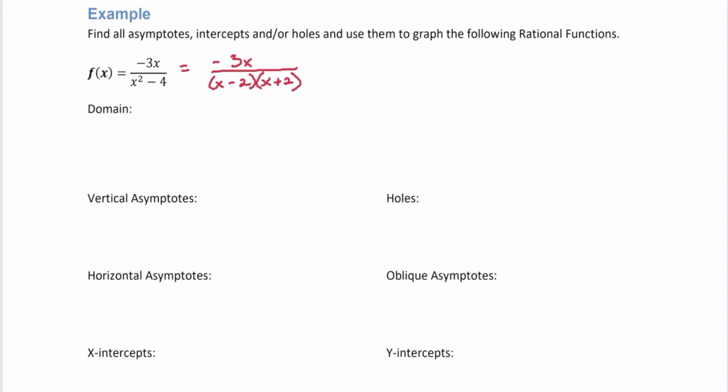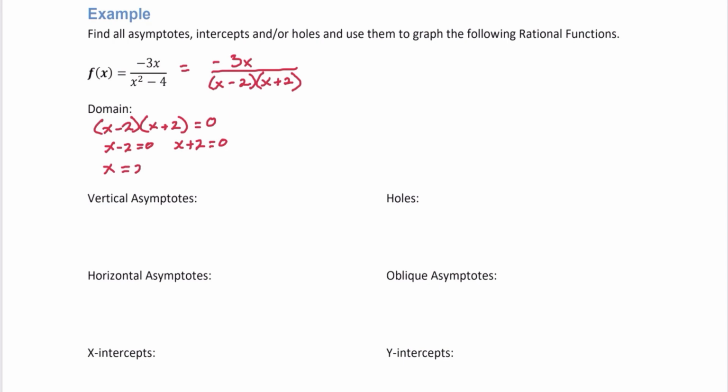To find the domain, we set the denominator equal to 0. We can use the original form or the factored form. Does not matter. Factored form is typically the way to go. Set it equal to 0, and then set each of those factors equal to 0, and solve those independently.